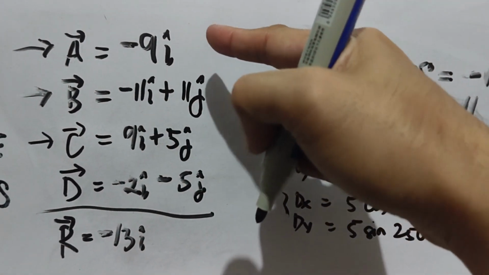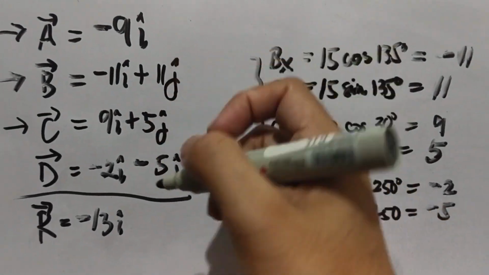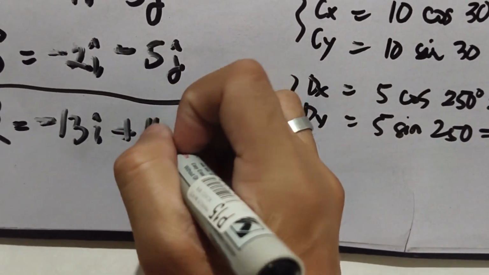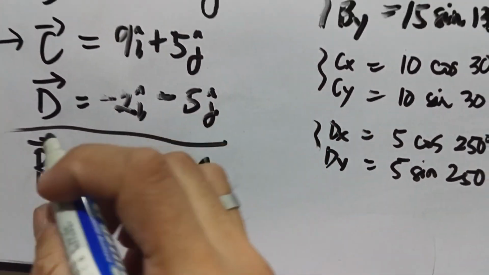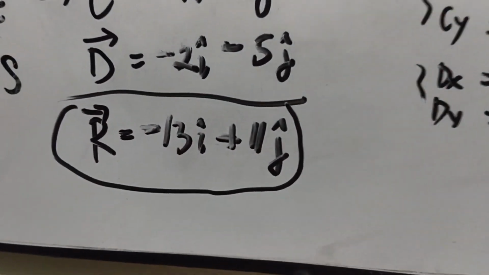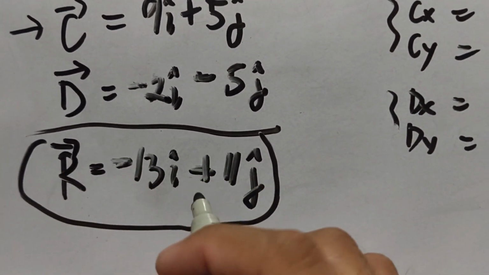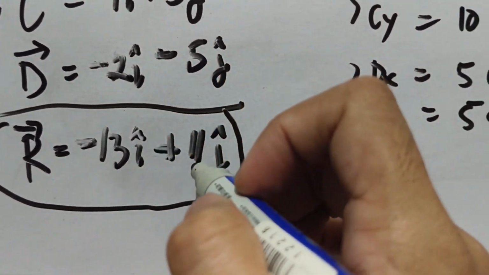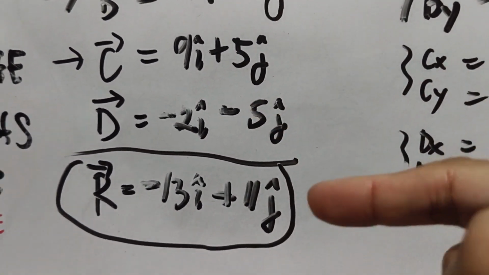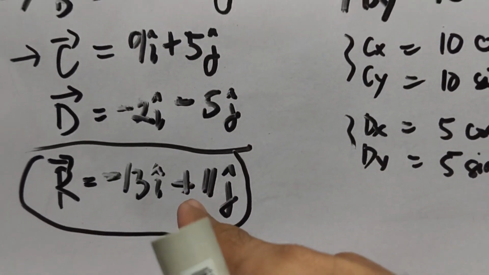And then for j, we have 11 plus 5 minus 5. So cancel yung 5j, matitira ay 11j hat. So this is the resultant vector in terms of the IJK notation: negative 13i hat plus 11j hat. Kung matatandaan ninyo dun sa previous video, ito yung summation of x and summation of y. So ganun lang siya kasimple.